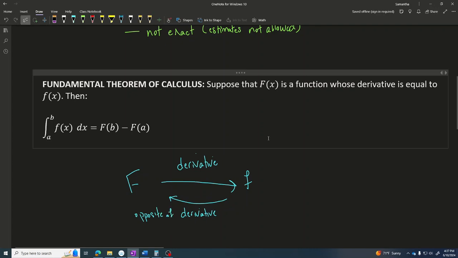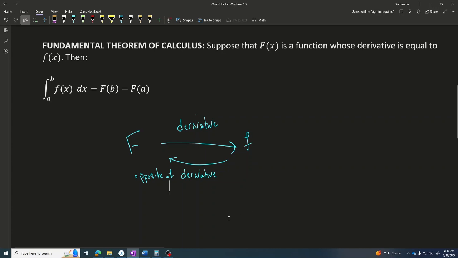We were talking yesterday, integrals and derivatives are kind of opposites of each other. If you do one and then the other, they cancel each other out. This theorem is calling on that idea. Capital F is the opposite of a derivative of lowercase f in your integrand.